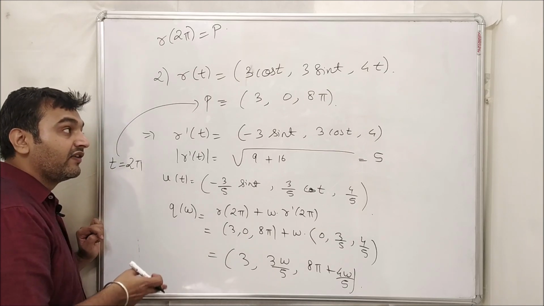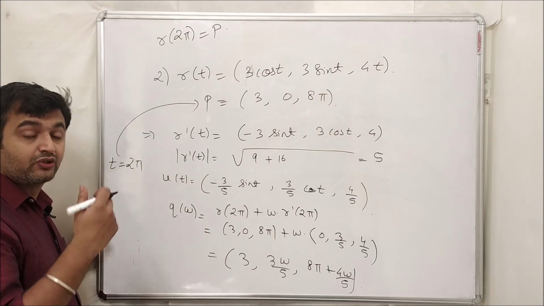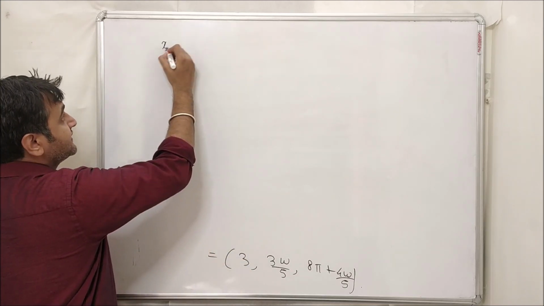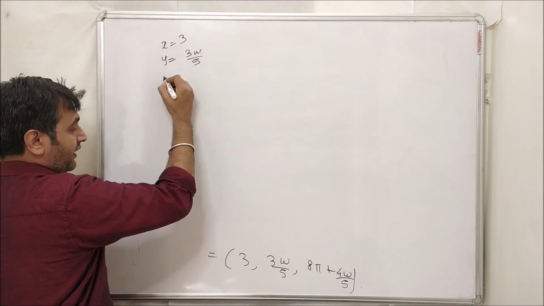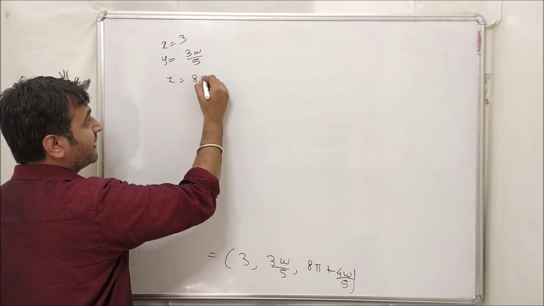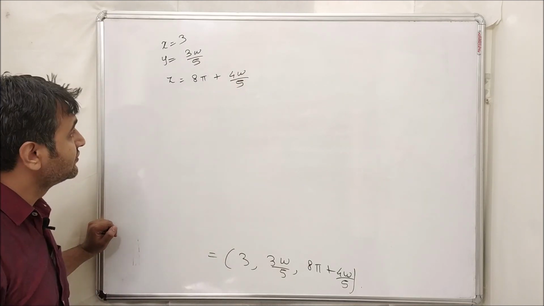Now let's try to find the equation of the tangent line in terms of x, y, z, so that you can sketch the tangent line. Here you can see your x is 3, your y is 3w upon 5, and your z is nothing but 8 pi plus 4w upon 5, right? So this is what we have.